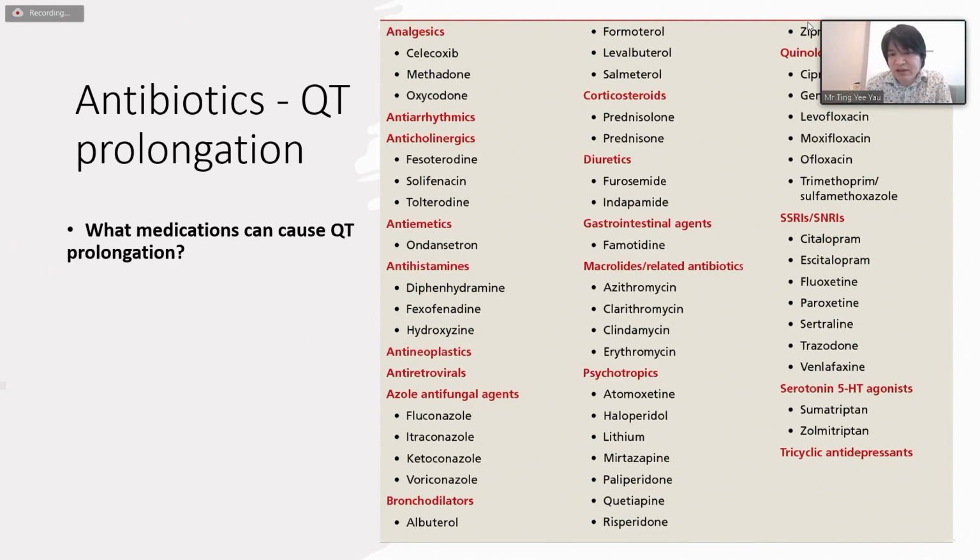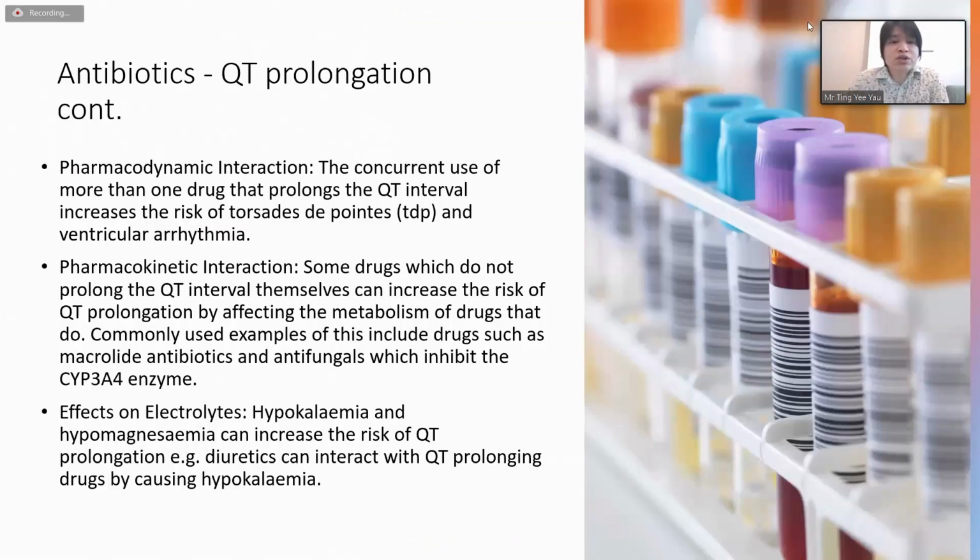Particularly the antibiotics: if you look at the macrolides, the quinolones, and the azoles, they all have a QT prolongation effect. So with concurrent use of more than one drug with QT prolongation property, there is an increased risk of torsades de pointes and also ventricular arrhythmia.